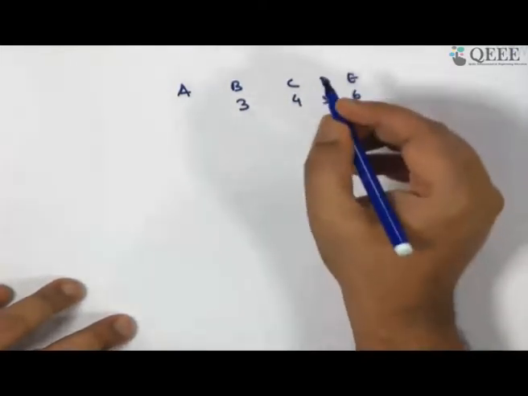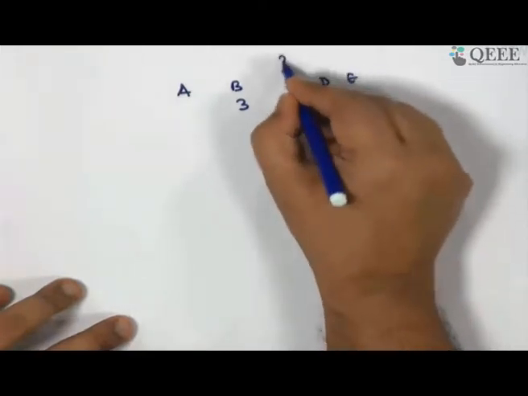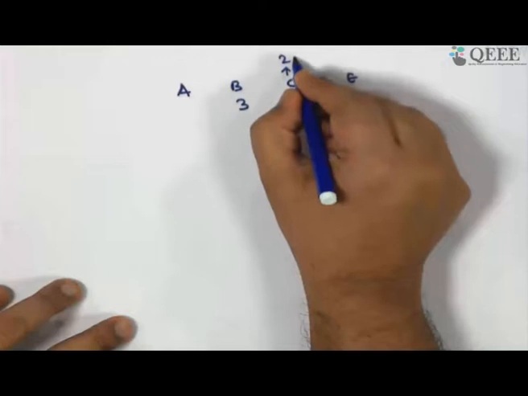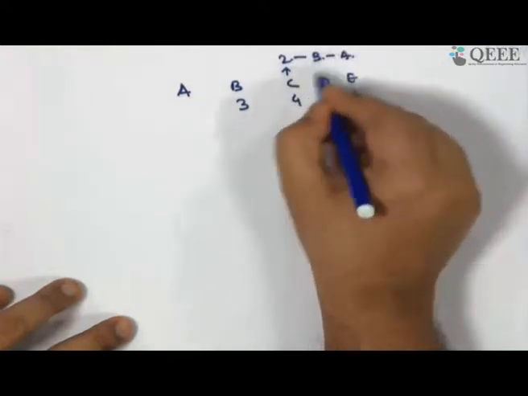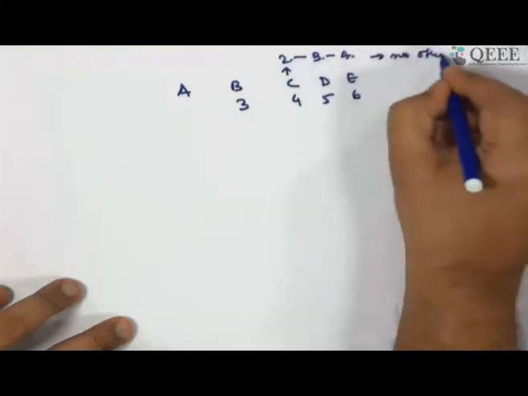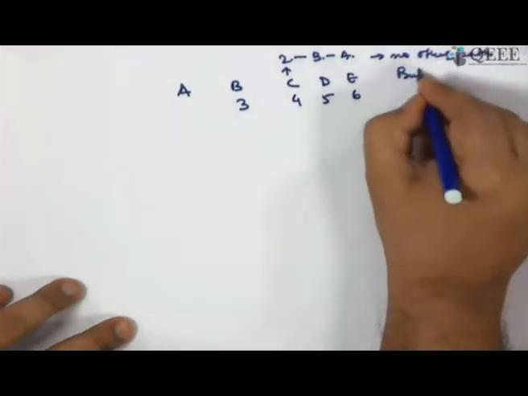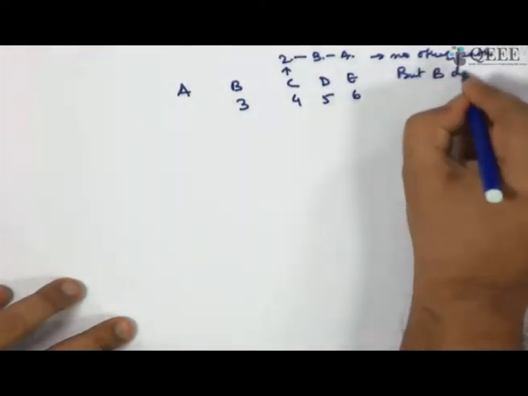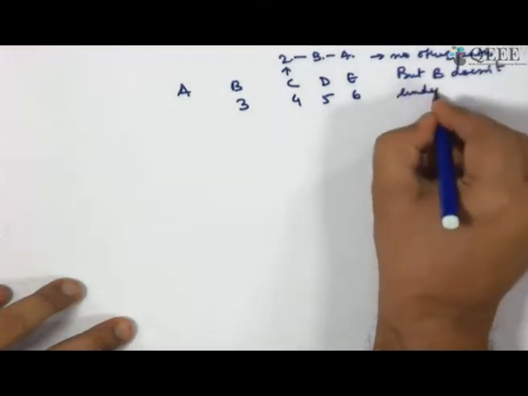But the real distance is actually infinity, because C's original 2 came from B, 1 up to B and 1 up to E. There is no other path, but B does not understand that.